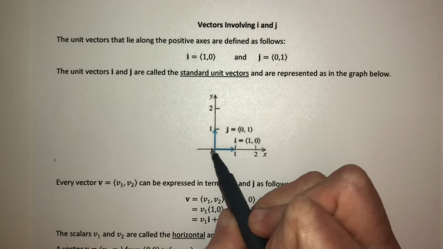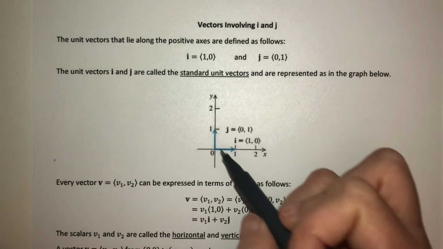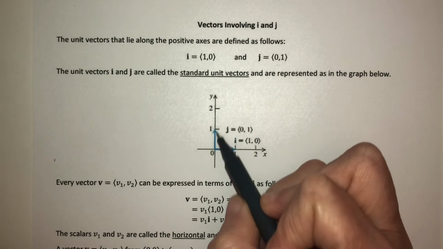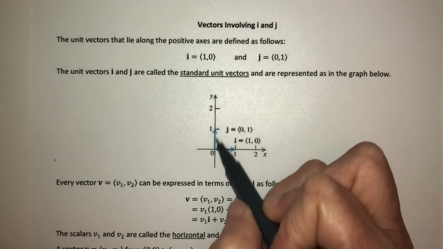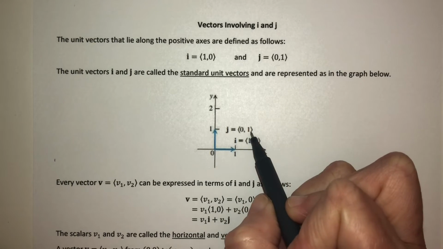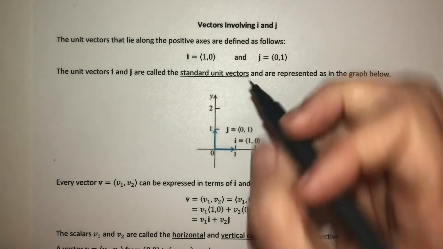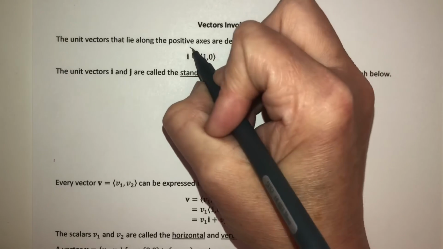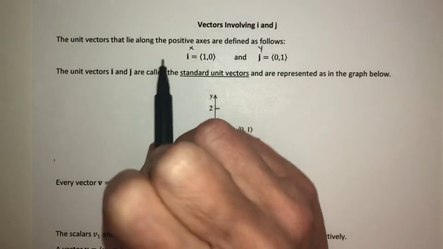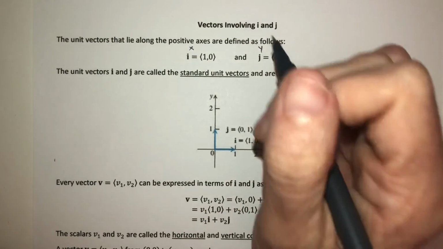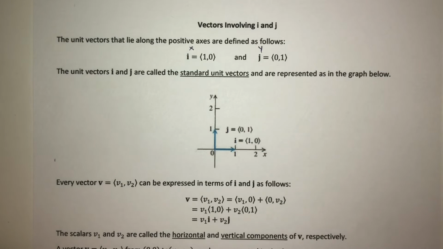It starts at 0, 1 unit long. j is along the y-axis, and it points directly up, and it's 0, 1. Now, remember, x and y go in alphabetical order, i and j go in alphabetical order, so that can help you remember which one goes with which.